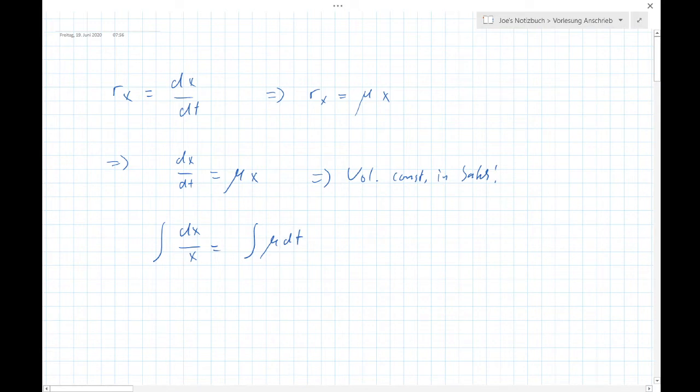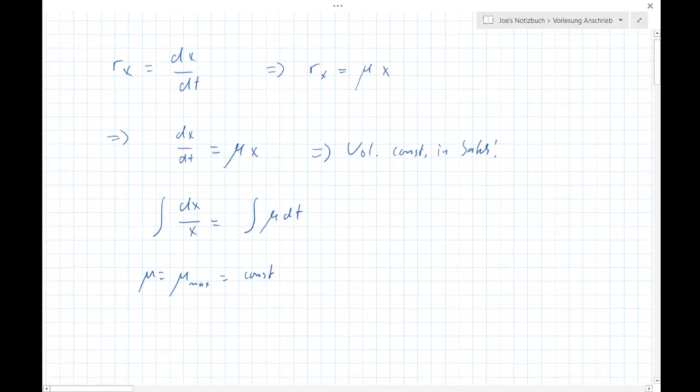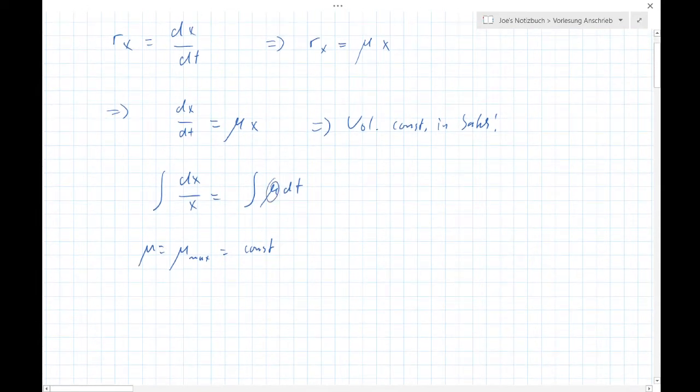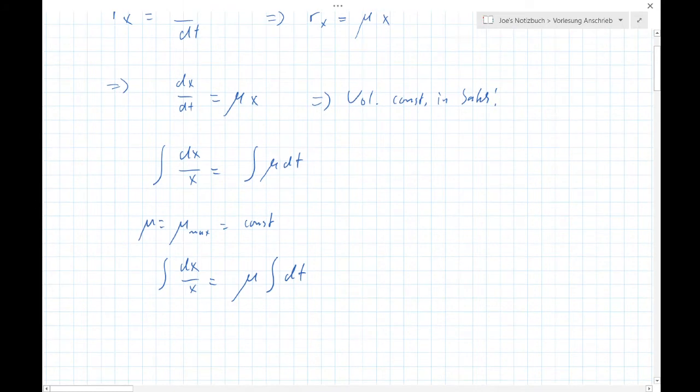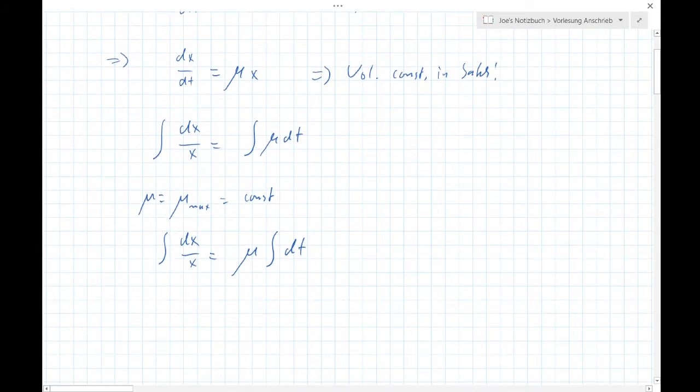And of course if mu is mu max and therefore constant, we can take this mu out of the integral, and let's do it. So we write the same here, dx over x is equal to mu dt, and now we can simply integrate and use x0 to x as borders, and here we start from 0 and go to t.